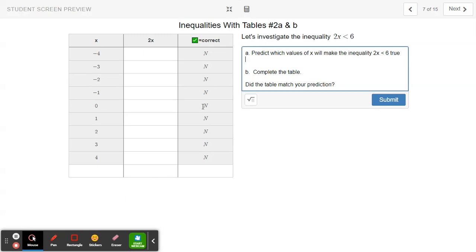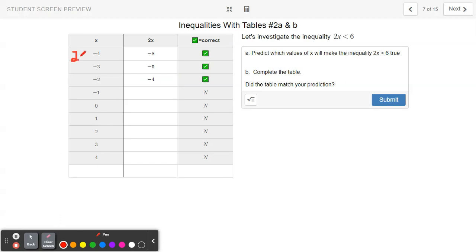And now we're going to start putting these numbers for x into 2x. So we're going to see what 2 times x is. I know that 2 times x, if x is negative 4, then this has to be negative 8. This would be negative 6, negative 4, right? Because 2 times negative 4, that's all we're doing for all of these.